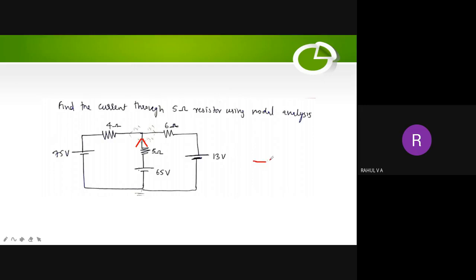The minus symbol in the minus 2 indicates that whatever assumption we have done is wrong. The I2 current flows in the opposite direction. Okay, so that is the meaning of that.